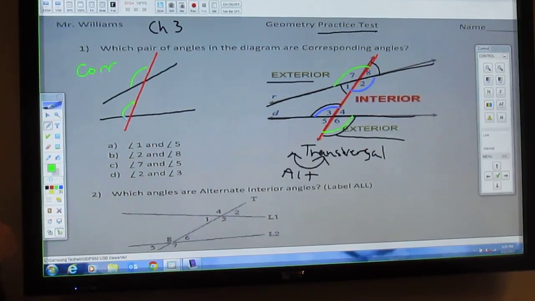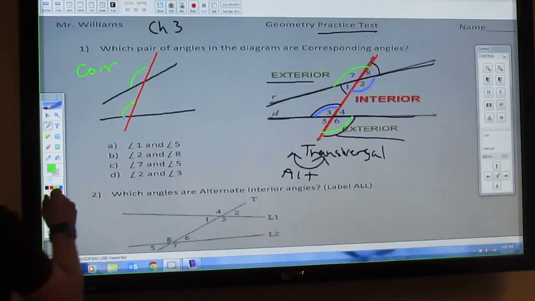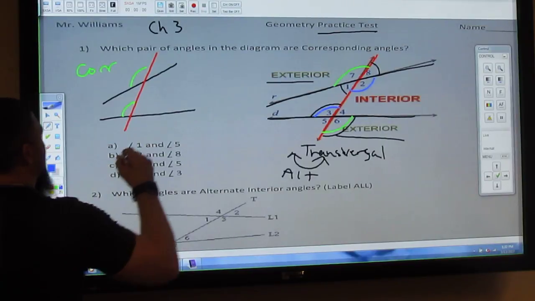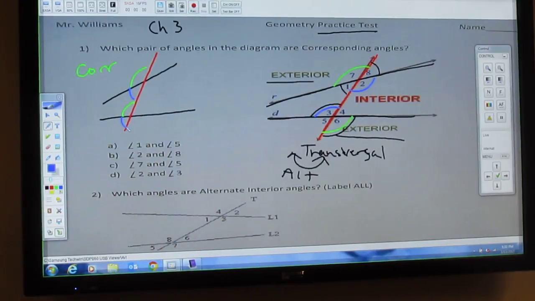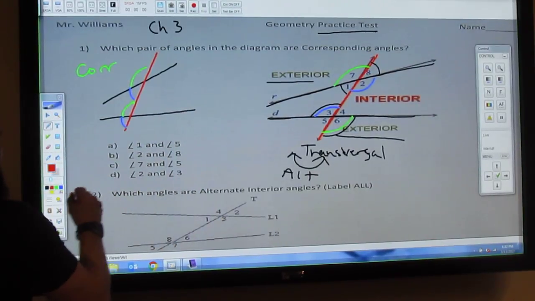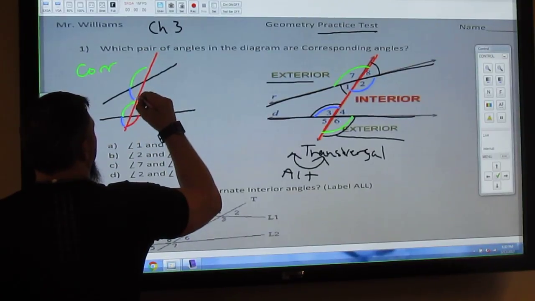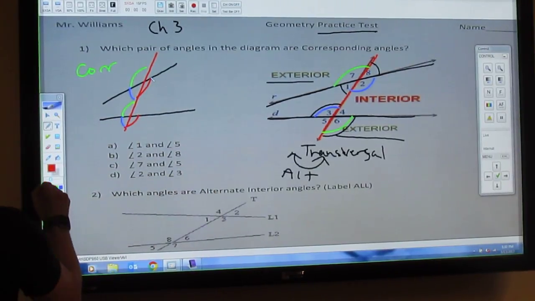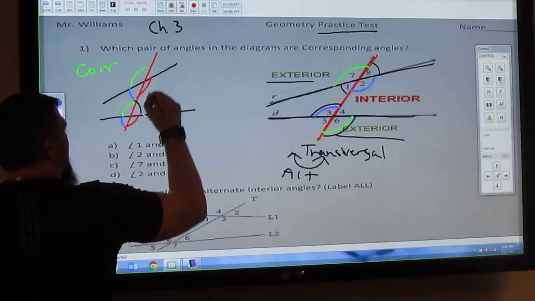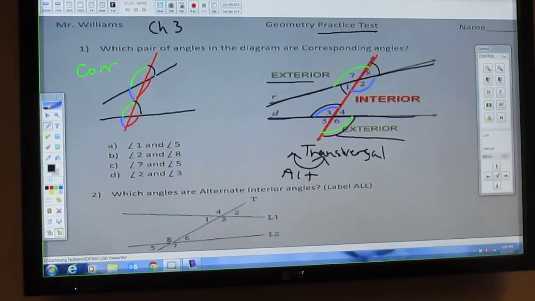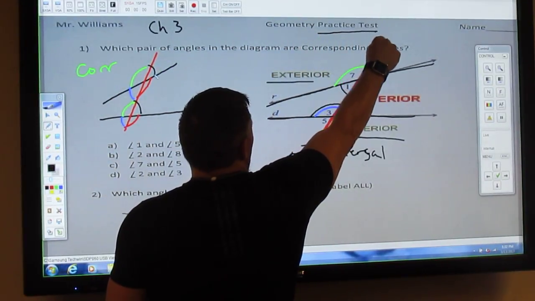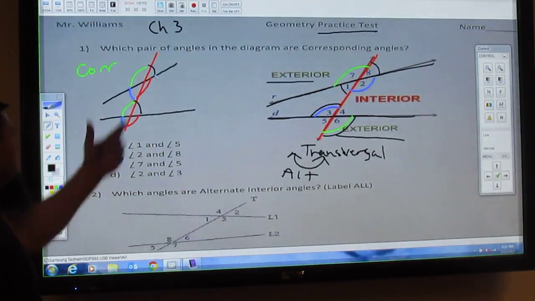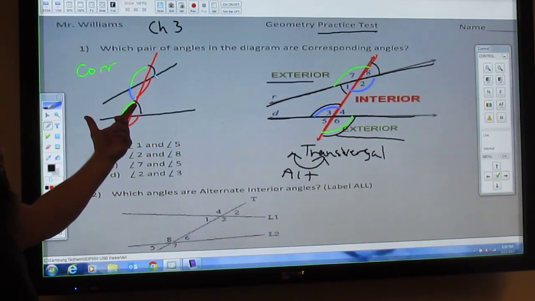Another set of corresponding angles would be those, and another set would be on the other side, or the last set. Does that make sense? So those are all corresponding angles. And what it's asking for here is which pair of the angles in the diagram are corresponding. Oh, I just showed it in this case, right?